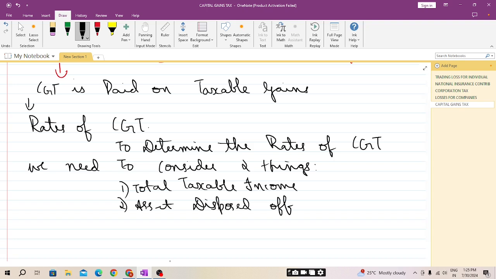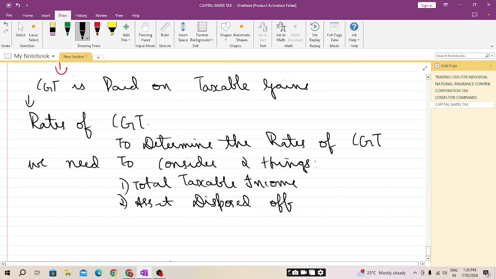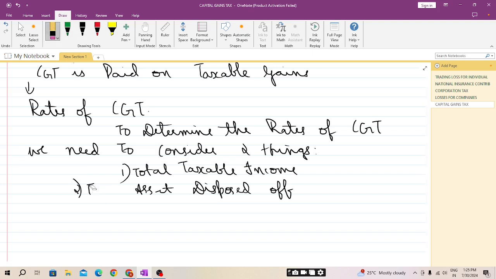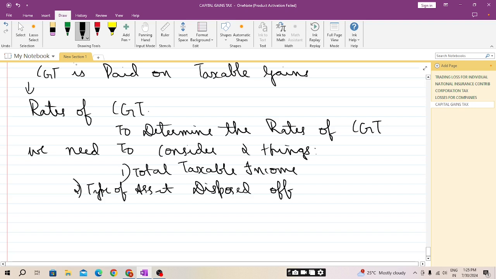Here there is no additional rate band, only basic and higher rate bands, students. So to determine the rate of CGT, we need to consider total taxable income and the type of asset disposed of.